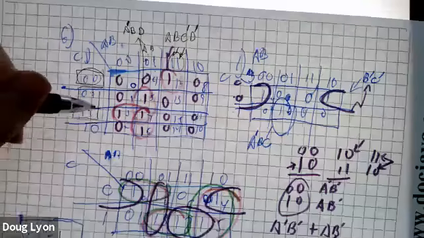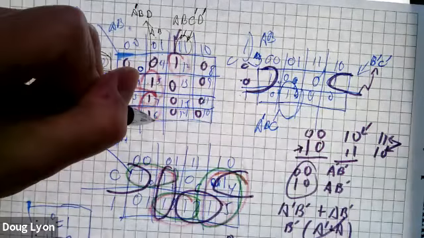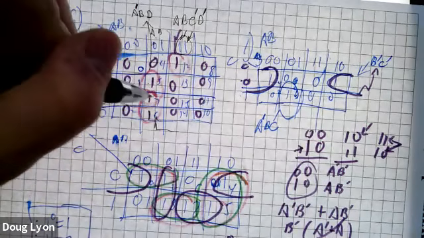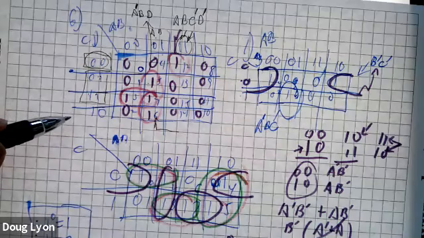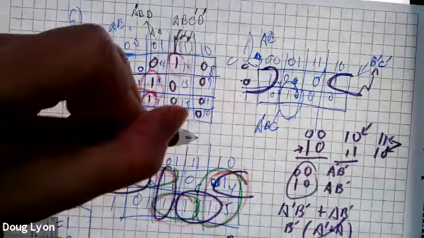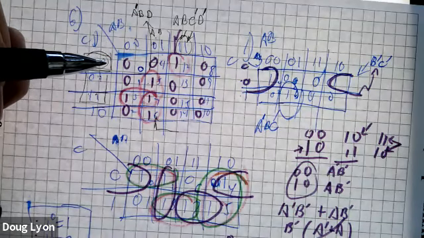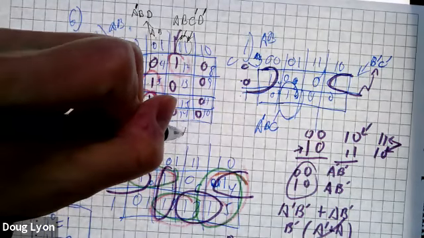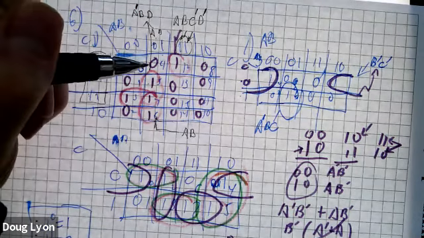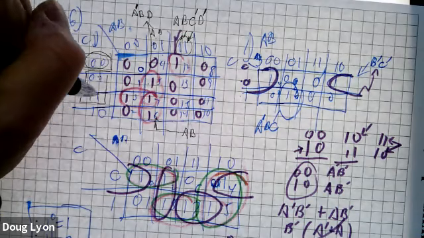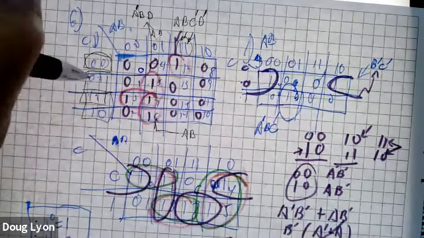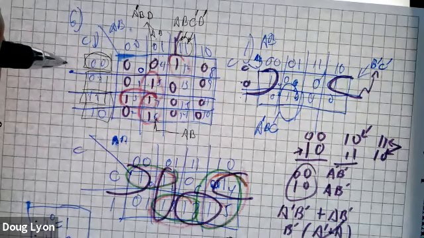So let's do it again. You do this one here for me. 6 and 7 are looped. What shall we use to represent the product term for the loop on 6 and 7? The 1, 1, and the 1, 0. Can you give me the letters? I'm going to write A, B, and what do you think about whether D appears?